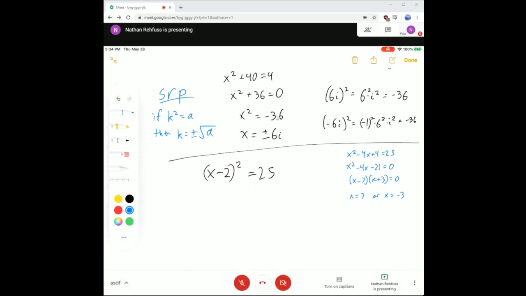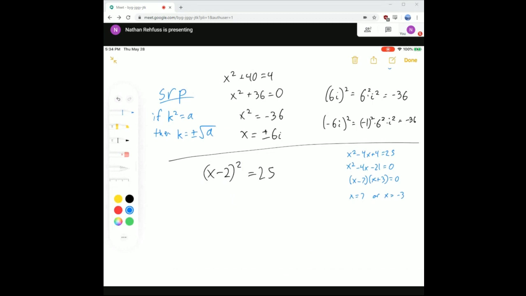If x squared is negative 36, then x is positive or negative the square root of negative 36. So here, instead of k being x, k is this whole expression, x minus 2 squared. If this thing in parentheses squared is 25, then this thing by itself is plus or minus the square root of 25.